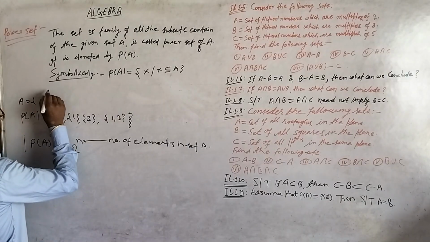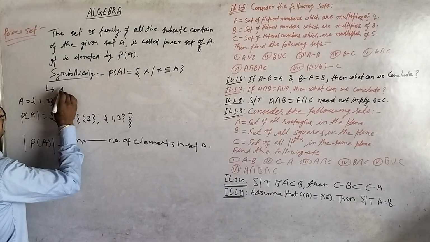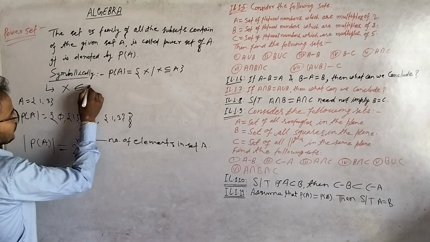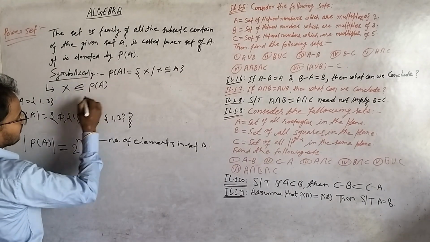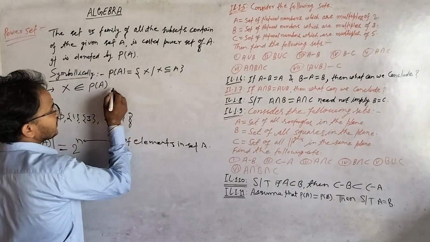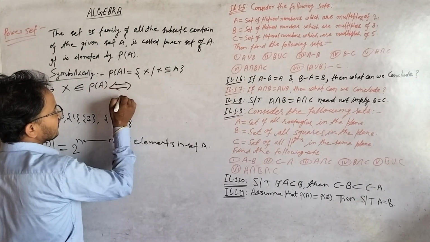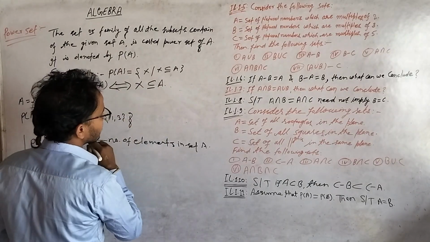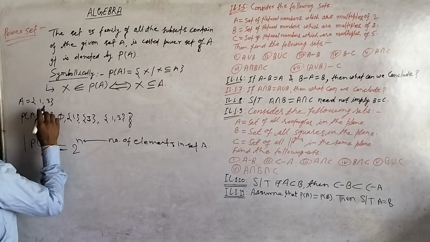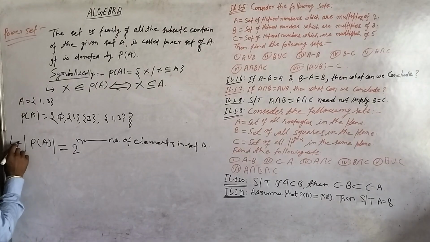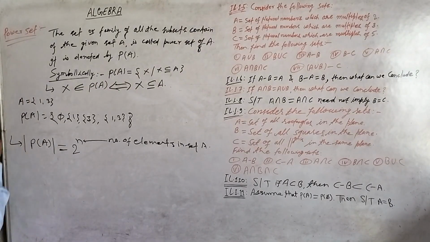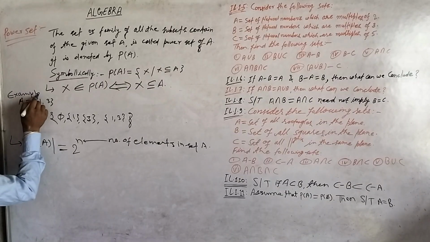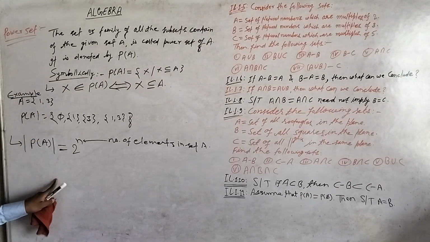We can also say that X belongs to the power set of A if and only if X is a subset of A. And cardinality is mentioned here, and this is an example of the power set for understanding.